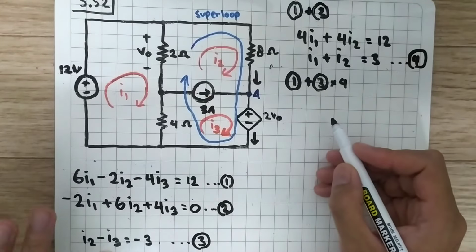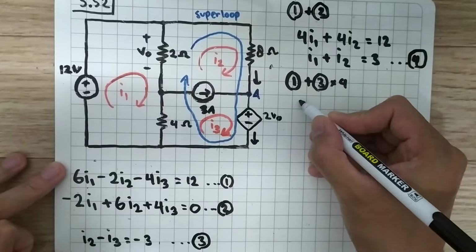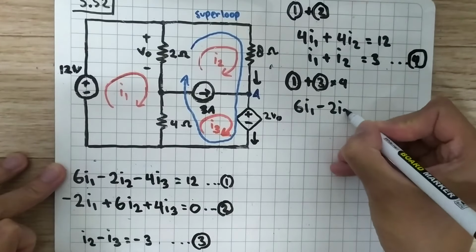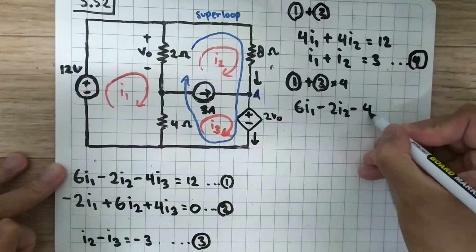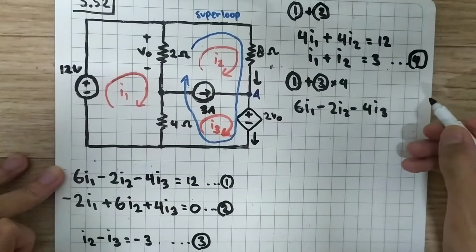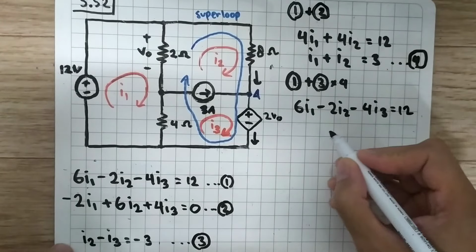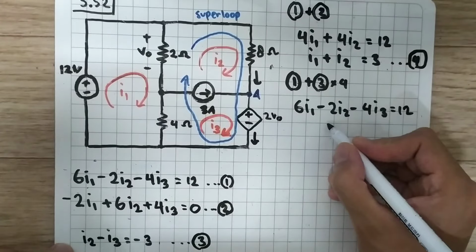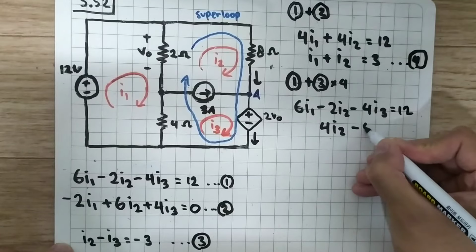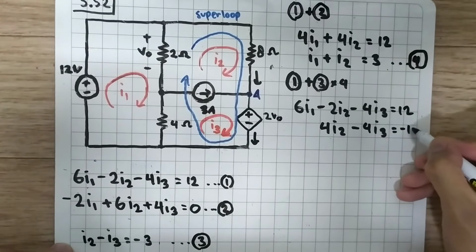Okay, equation number 1, I will copy it to make things easier to see, minus 4 I3 that will equal to 12, and this one is 4 I2 minus 4 I3 that will equal to minus 12.